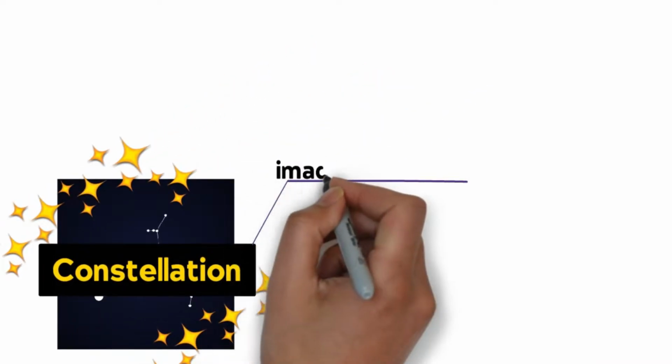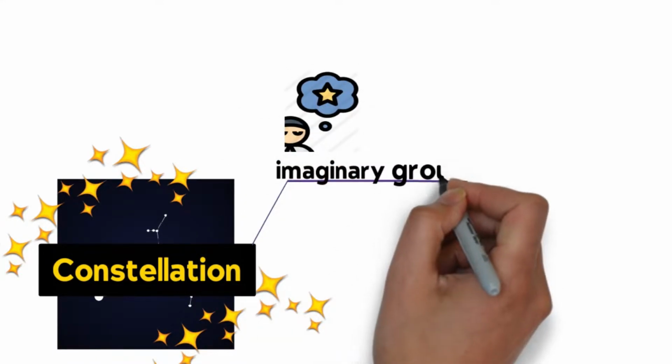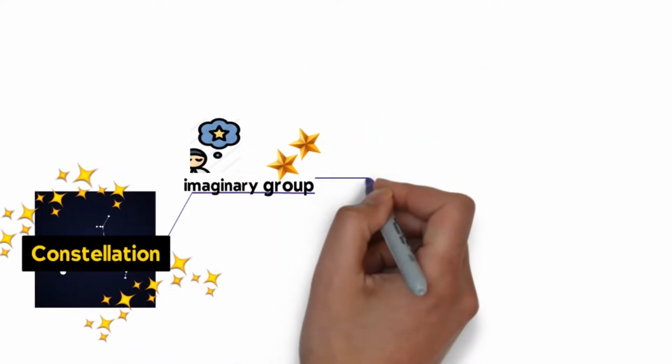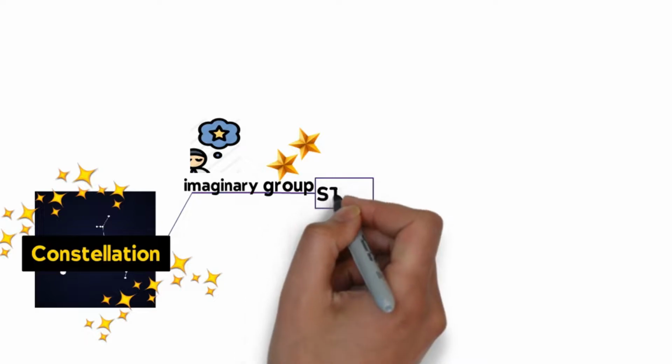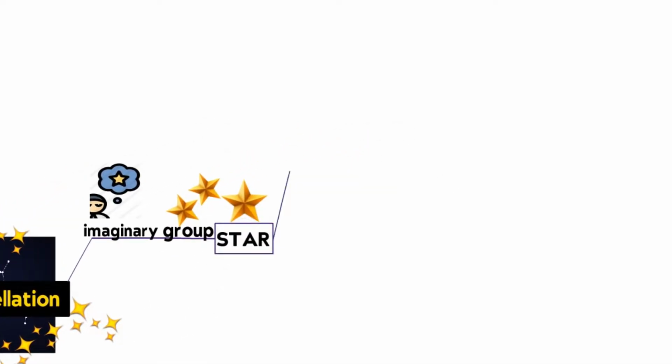Constellation is defined as the imaginary groups of stars. And now, let us describe what is star.